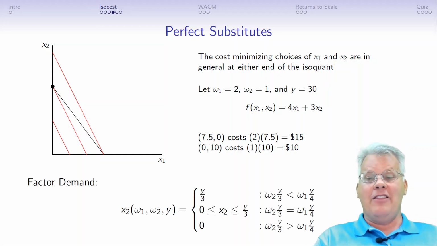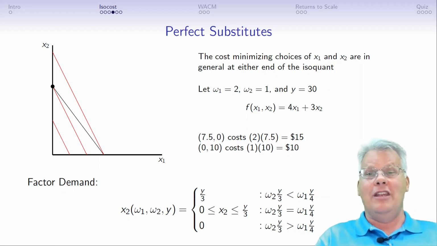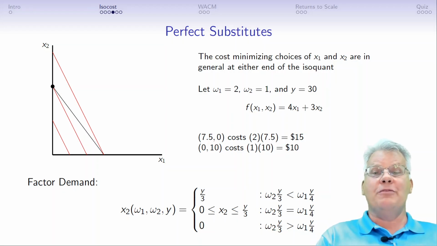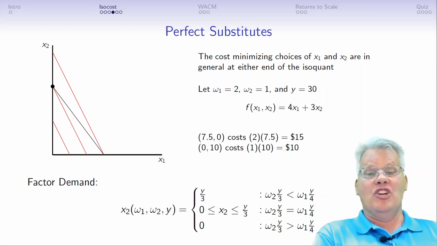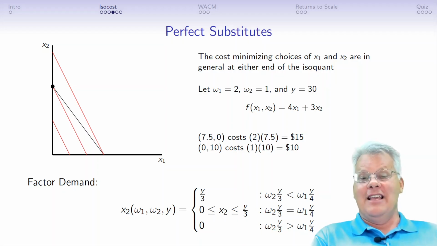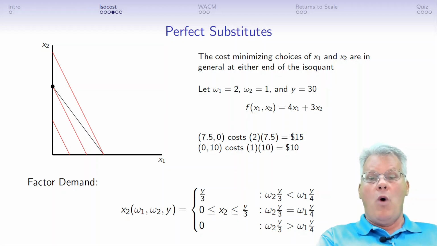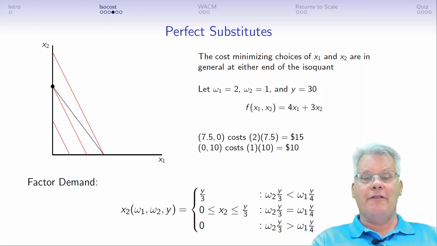We can specify the firm's factor demand for x2 using a case statement, much like we did back in the theory of the consumer. If the firm wishes to produce y units of output, given this technology, they are going to need y over 3 units of factor 2, given production with factor 2 is cheaper. So this expression at the far right is comparing the dollar cost of producing y units of output using factor 2 and y units of output using factor 1.